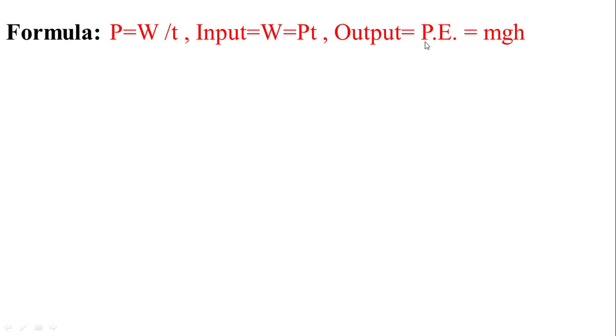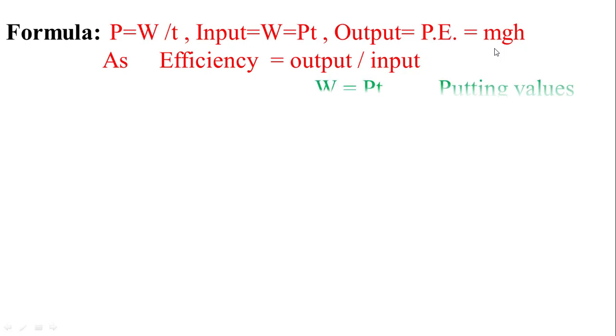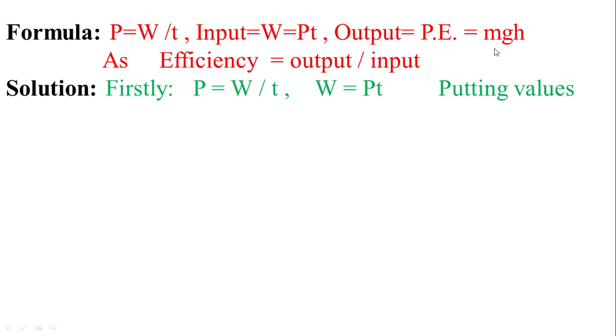Output is potential energy at a maximum height. So potential energy is mgh. Now lastly find the efficiency. Efficiency is equal to output divided by input. Now firstly find the input. Work is equal to P multiplied by T, power multiplied by time.